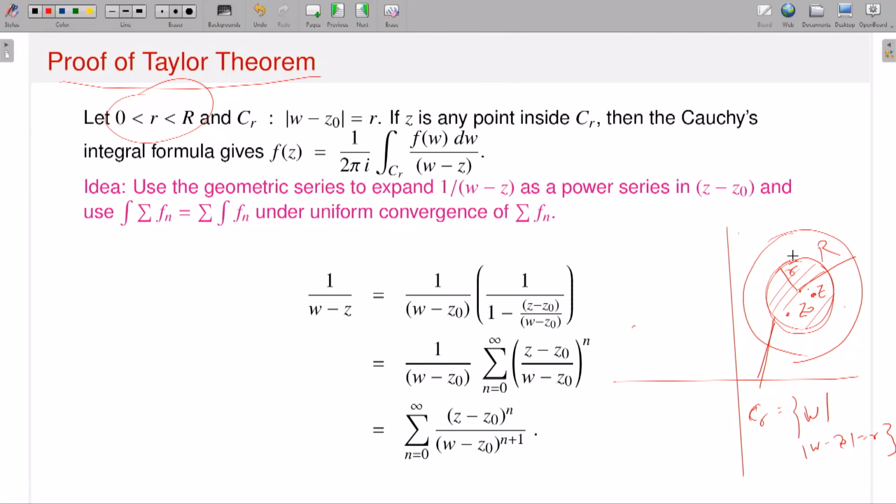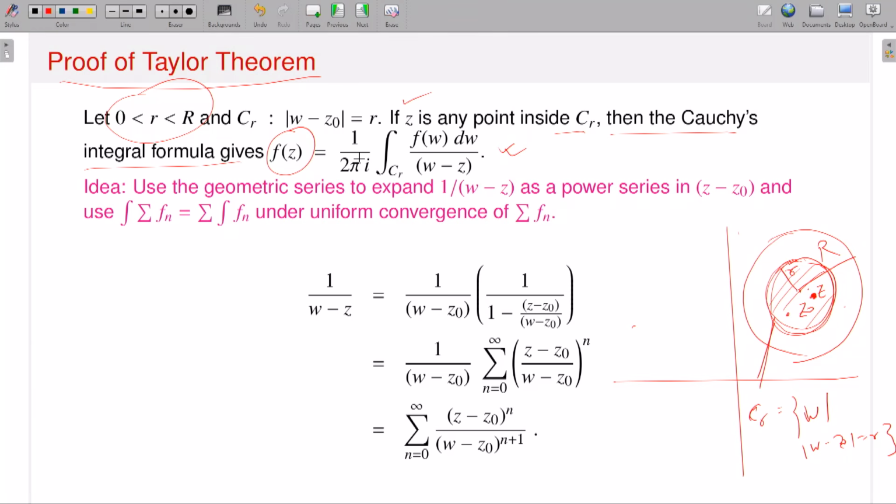So what does Cauchy's integral formula say? It says that I can have the value of my function f at the point z in terms of the values of the function on the contour. Since z is any point inside C_r, the value of the function at this interior point I can evaluate in terms of the values of the function on the contour.